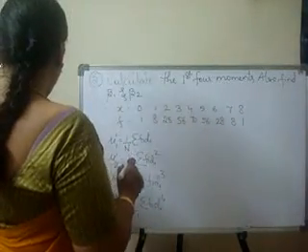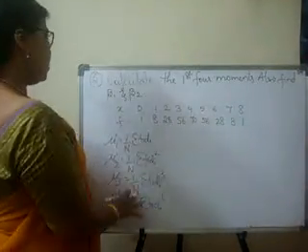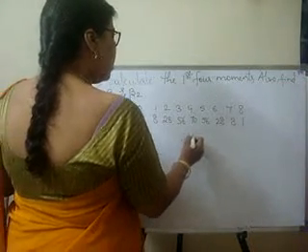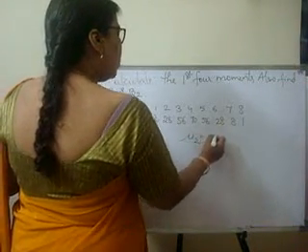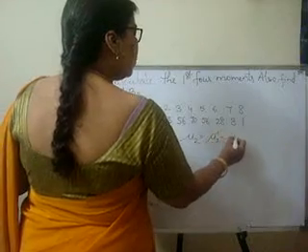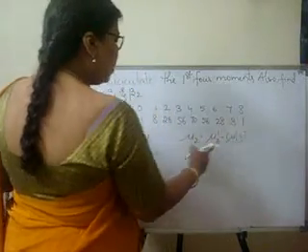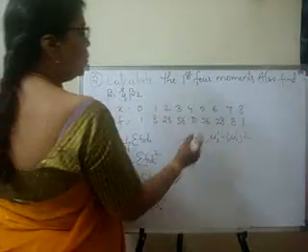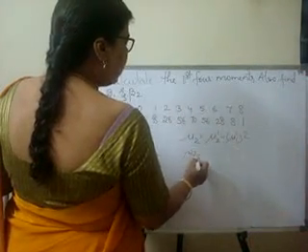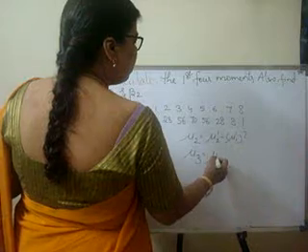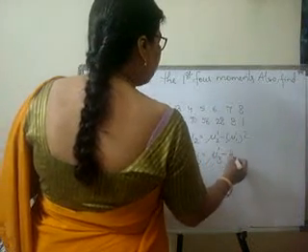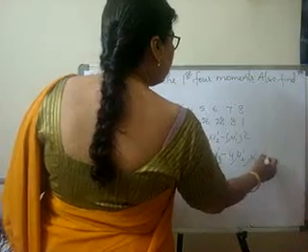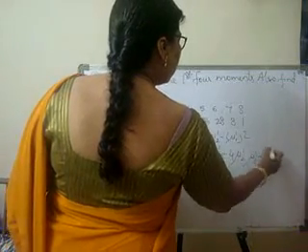Now the first 4 moments we have to find, then we have to go for central moments. mu2 is equal to mu2 dash minus mu1 dash whole square. Here you have mu2 dash, then mu1 dash, you get the central moments. mu3 is mu3 dash minus 3 mu2 dash mu1 dash plus 2 mu1 dash whole cube.